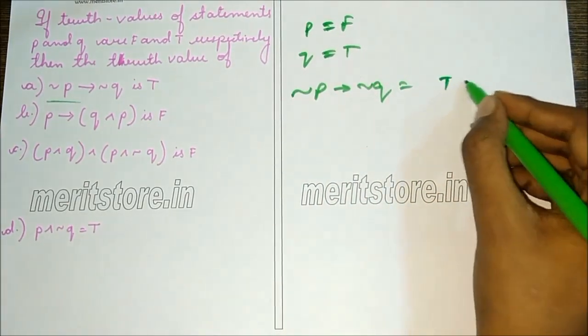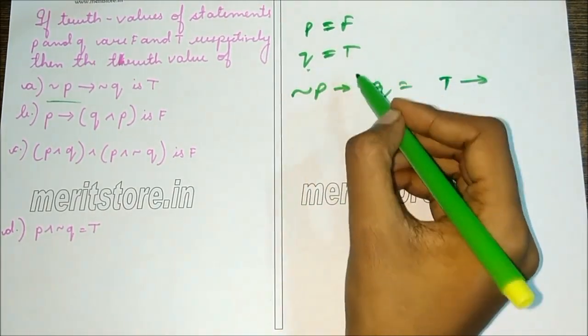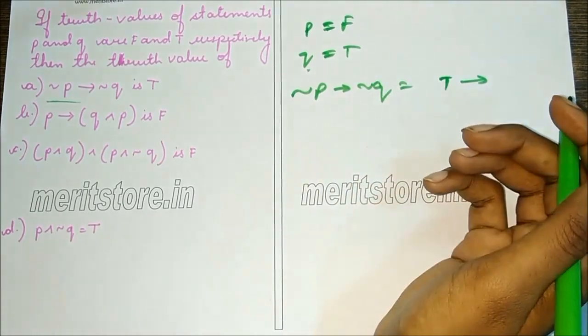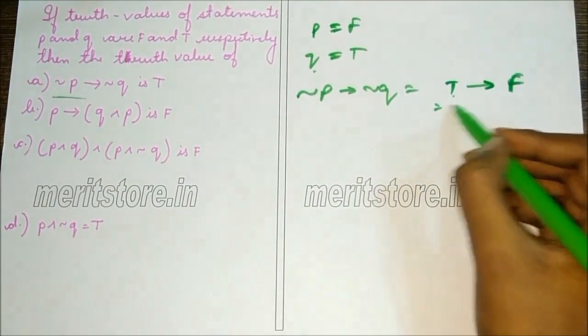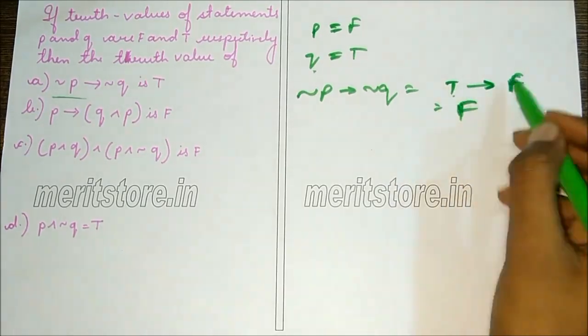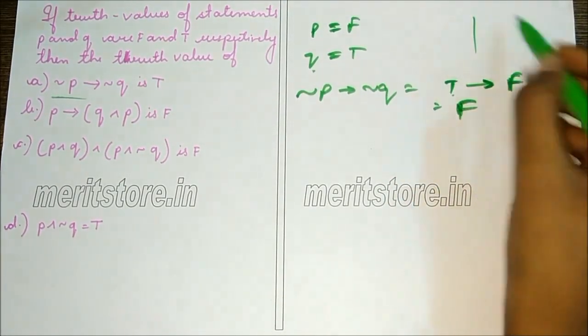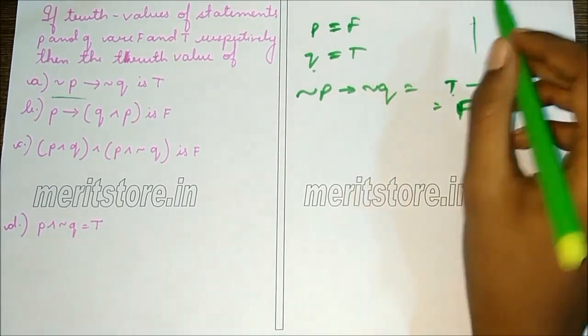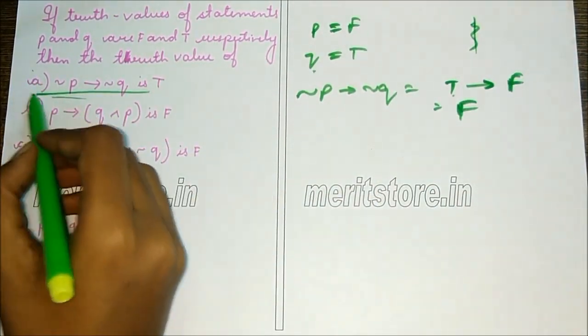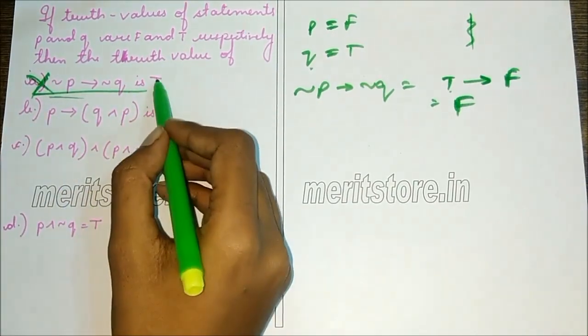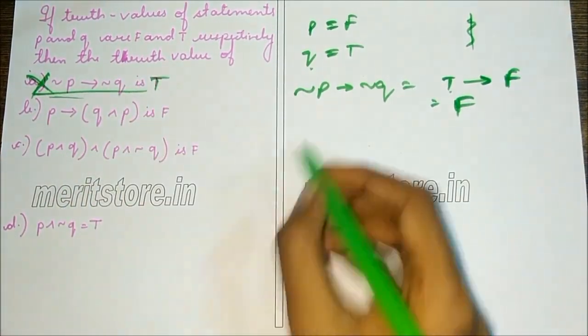So true implies negation of Q, which is negation of T, which is false. So T implies false. So T implies false is the same as false, since TF is F as per the truth table for conditional statements. So option A is wrong since it is given it is true.